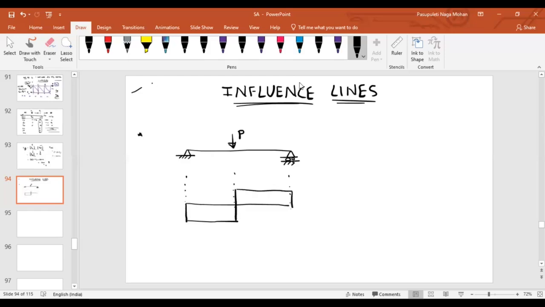Is this the shear force diagram? Yes, sir. Suppose it is exactly at L by 2 and L by 2, we know that this is P by 2, this is P by 2. No need to solve it, right? You guys might have seen this in strength of materials too, isn't it? Yes, sir.